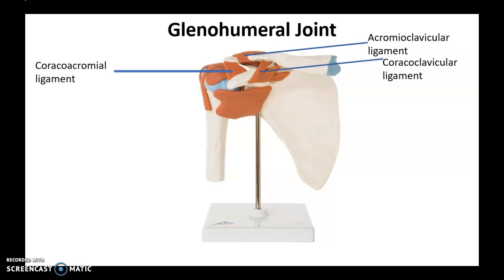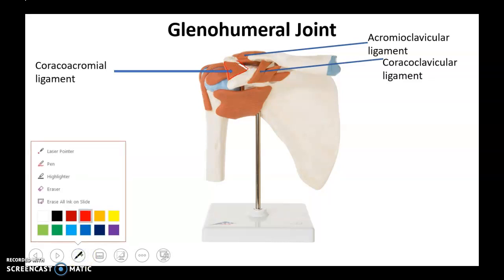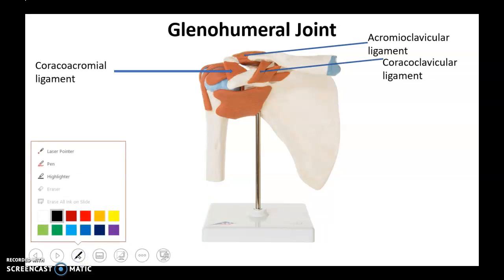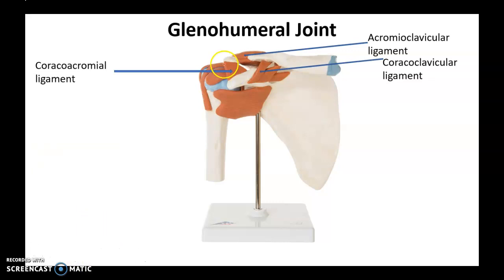So right here, the coracoacromial ligament. So this is the coracoacromial ligament that extends across the space between the coracoid process of the scapula and the acromion.